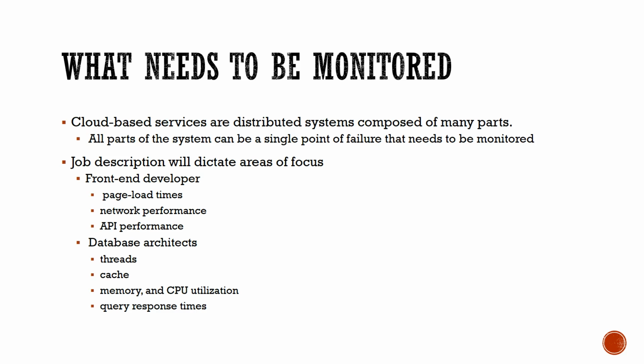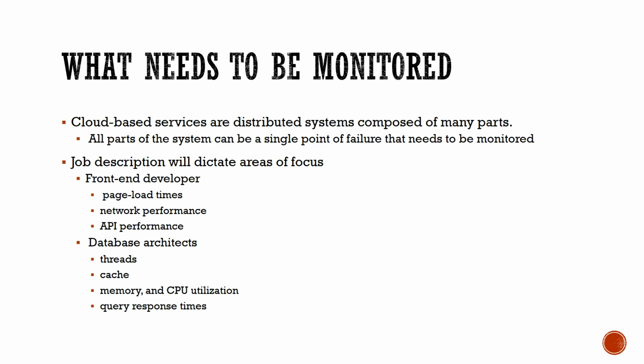Also, there are certain job functions and job descriptions that will dedicate their time to looking at certain things, such as a front-end developer, for example, will look at the times, how long it takes for a page to load, what kind of performance is happening across the network. Are the APIs, the application programming interfaces, creating a bottleneck? Are they efficient? Are they responsive?